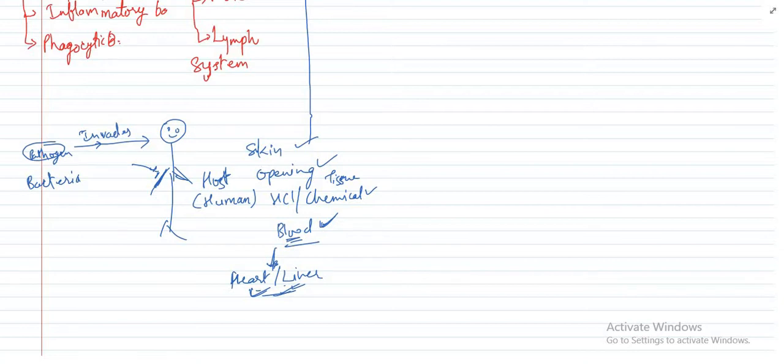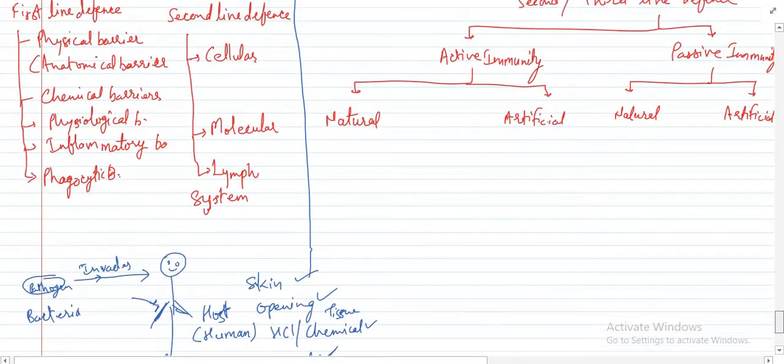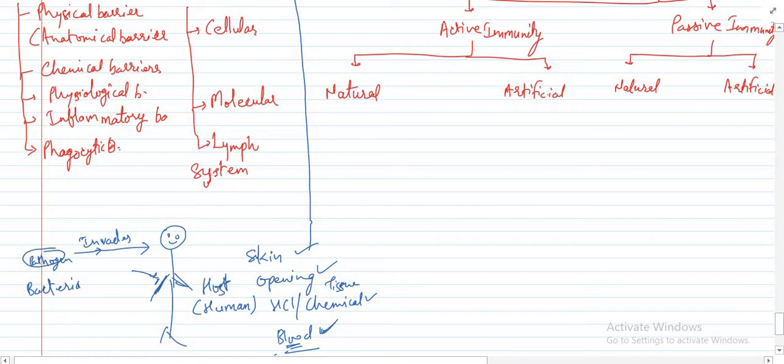There are some systems which are continuously fighting them, like phagocytes and inflammatory responses. All these are the first line defense, as I told you.